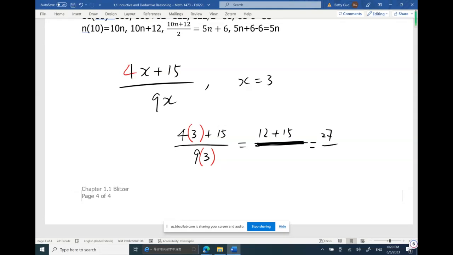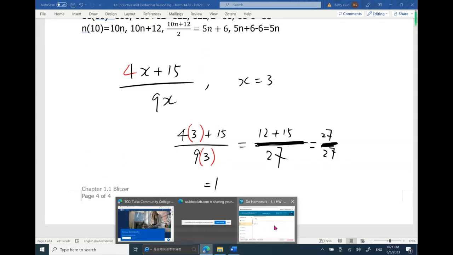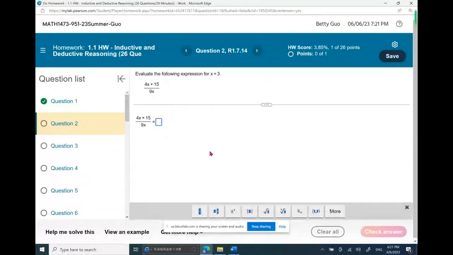Denominator, 9 times 3, 27. And then we process this division. 27 over 27 equals 1. That's the correct way to take care of this question. The value is 1. The number you see might be different from mine.